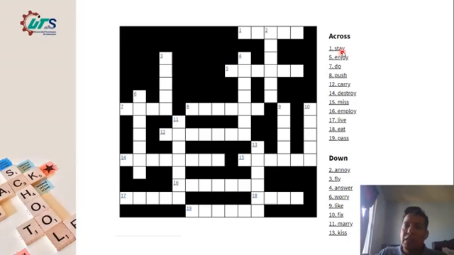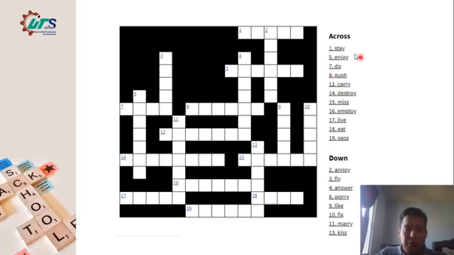For example, stay turns into stays because it ends in a Y after a vowel. Same case with enjoy, enjoys. Do ends in an O, so it changes into does with an ES. Push, pushes. Carry, if you remember, you must change the Y and substitute it with IES, carries.